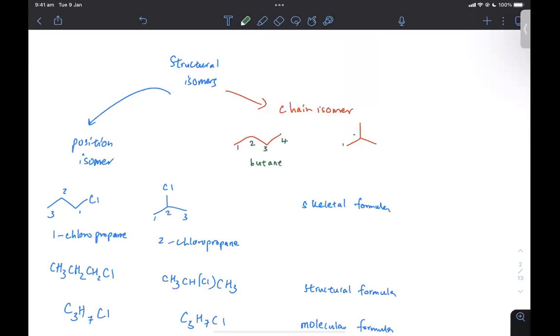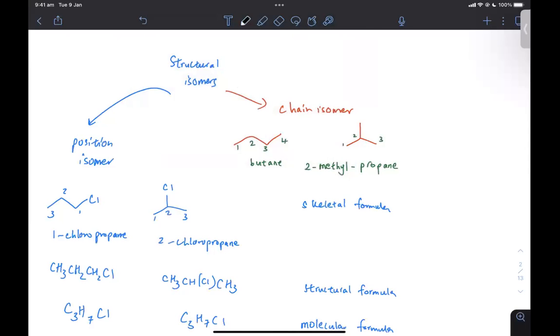The longest carbon chain is only 3 carbon, which means this is a branch, and this is a 1 carbon branch. So it's a propane. So I'll name the longest chain carbon first, alkane, and then it has a branch. The branch is 1 carbon. It is a CH3, is at position 2, so it's 2-methylpropane. So these 2 are what you call chain isomers.